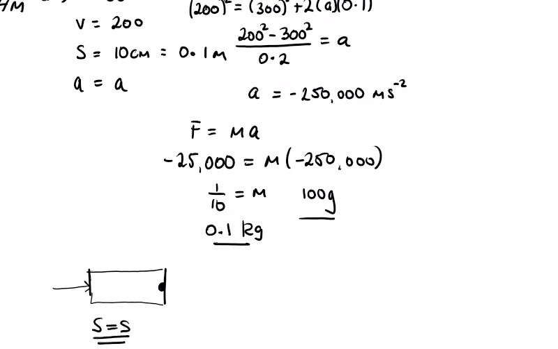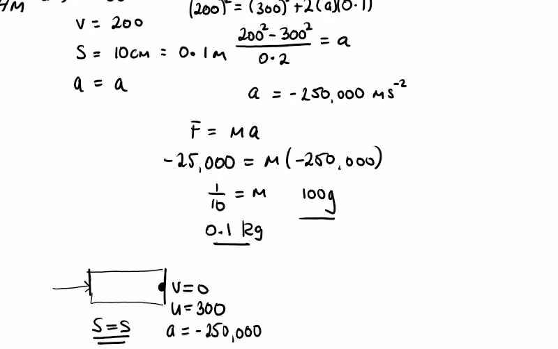S is equal to S. But what else are we going to say here? We're going to say its final velocity, obviously, at this point is 0, and we have its speed of 300. My u is 300. We're looking for S, and my acceleration is still the same. It's not going to change. It's my minus 250,000.